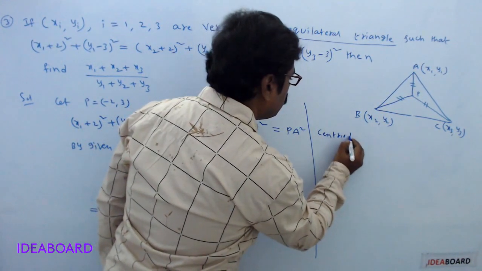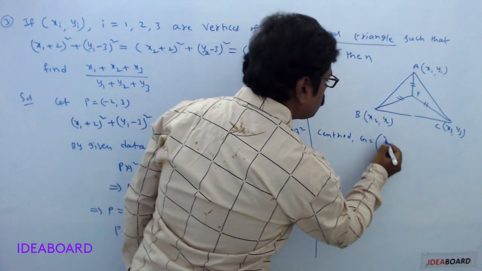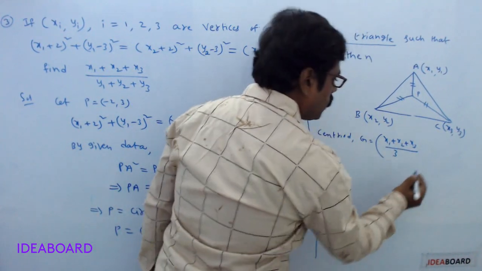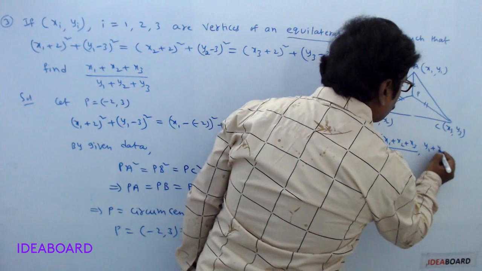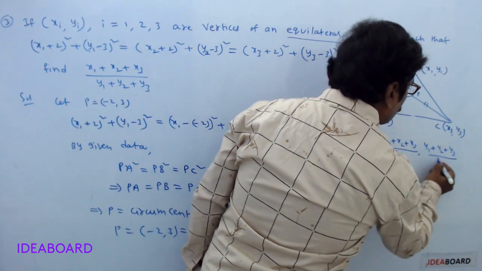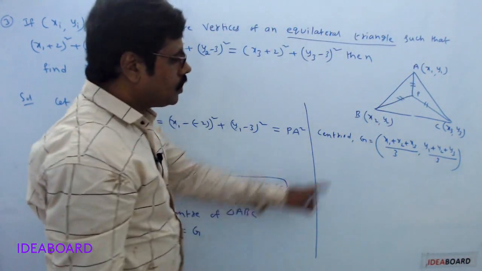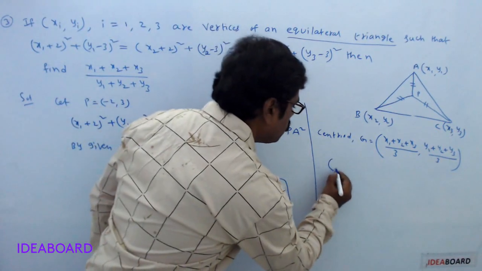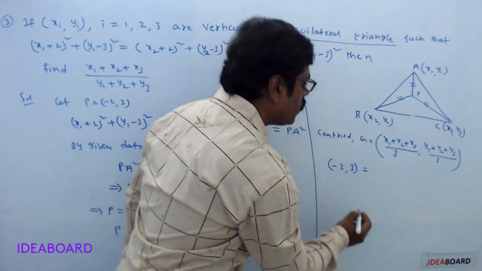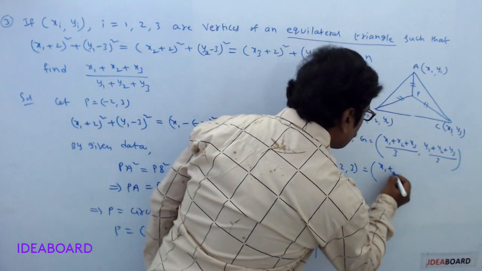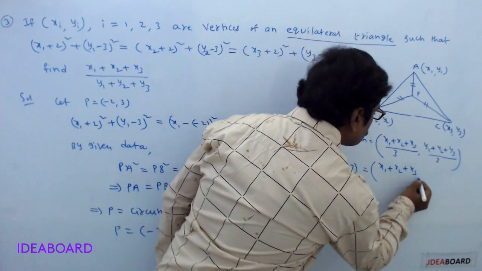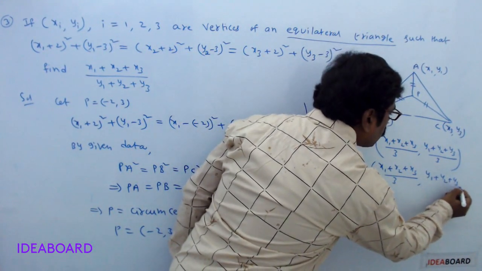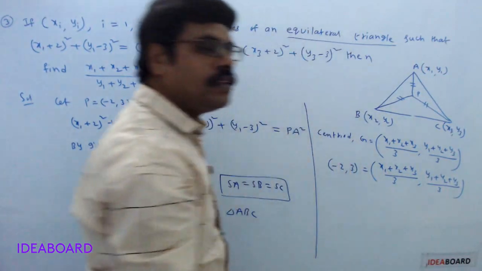Now centroid G equals (x1 plus x2 plus x3) divided by 3, (y1 plus y2 plus y3) divided by 3. Now the centroid coordinates are minus 2, 3. So minus 2, 3 equals (x1 plus x2 plus x3) divided by 3, (y1 plus y2 plus y3) divided by 3.